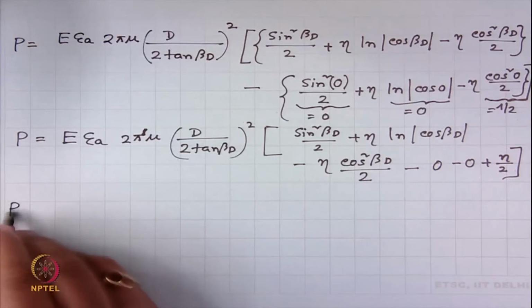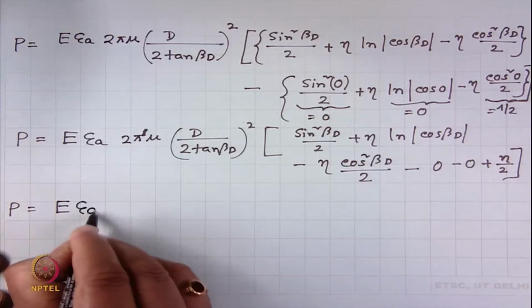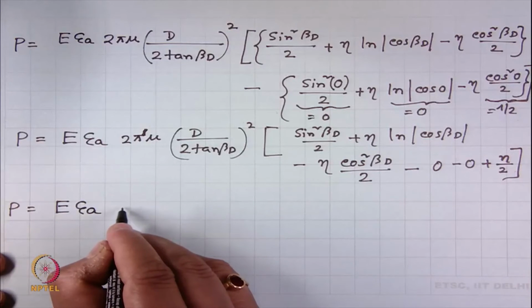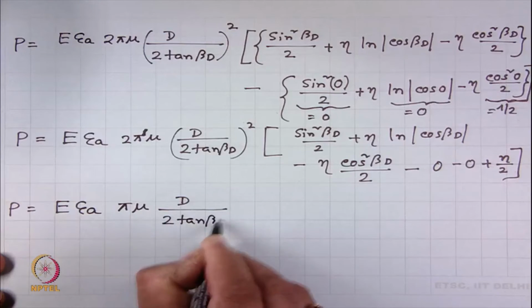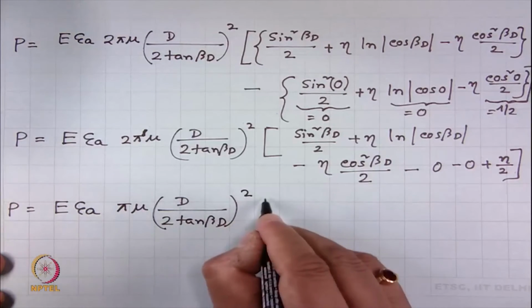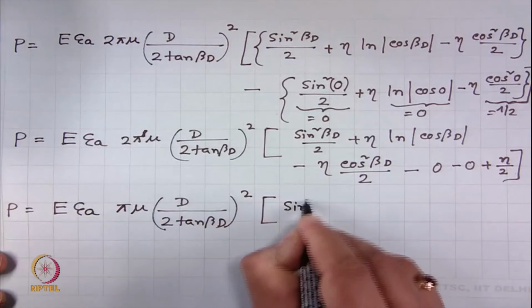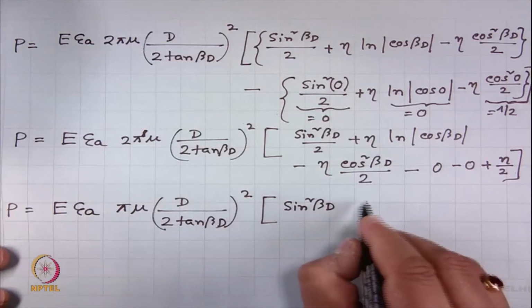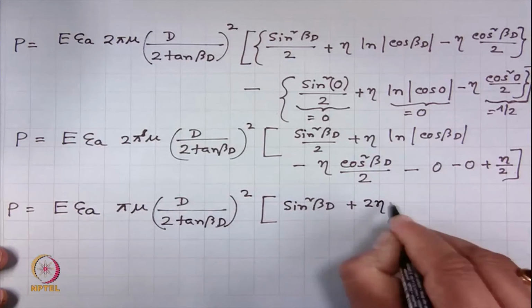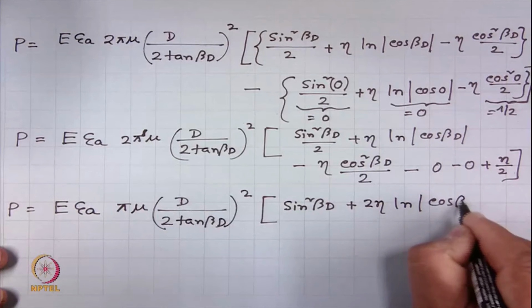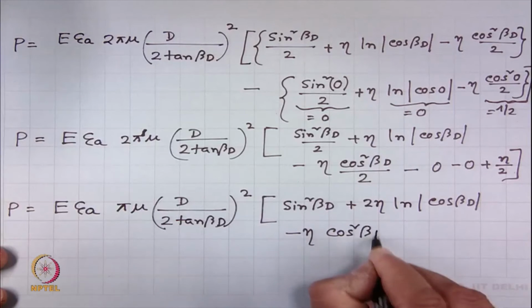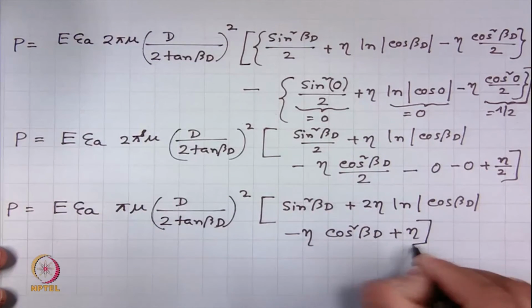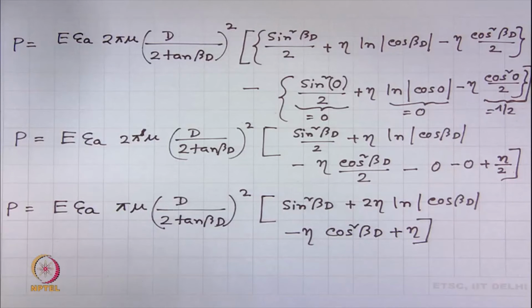So, E epsilon A by pi mu, beta d squared, sin square beta d plus 2 eta ln cos beta d minus eta cos square beta d plus eta.